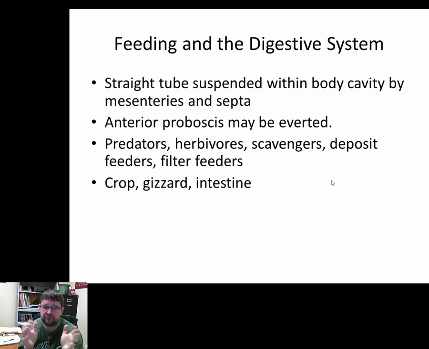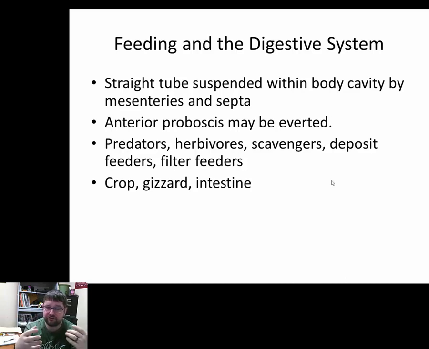You have a crop, a gizzard, sometimes the upper portion of the intestine, a stomach, and then the intestines. And each region has distinct purposes. So they've been specialized to have a certain job, you could say. Okay?